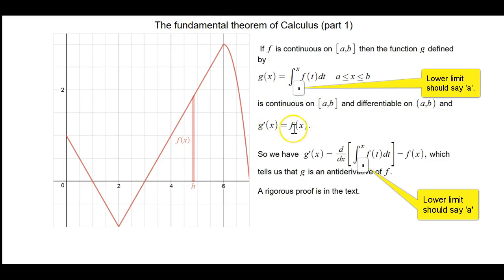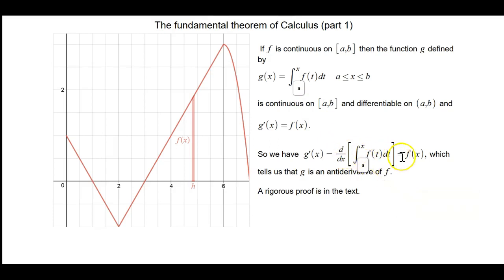So g prime equals f is telling us that it's an antiderivative on that interval. This is another way to write it, where it's a little more obvious that the derivative g prime is equal to the integrand evaluated at x, or just f of x.